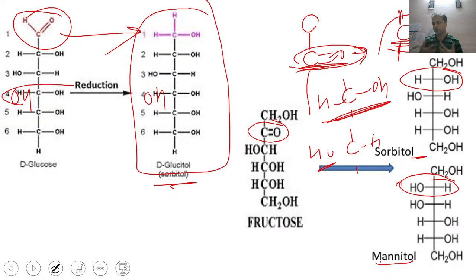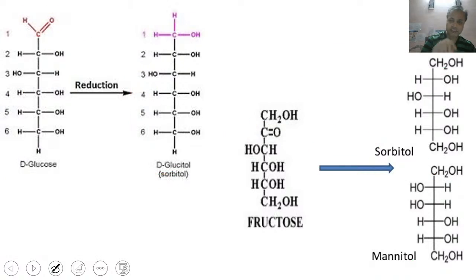So there is a probability that both types of compound will form. So fructose or any ketone can give you two types of alcohol, because the ketonic group is present in the middle of the chain. So I will tell you what I told Ravina. In this case we have a ketonic group.